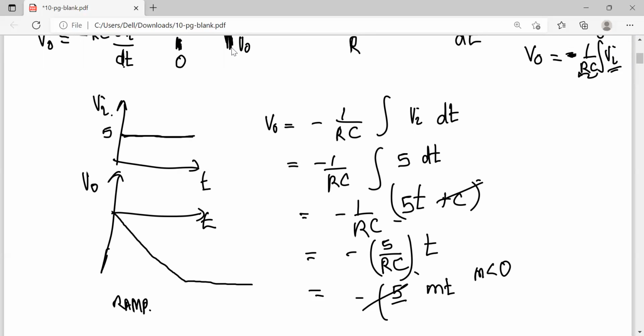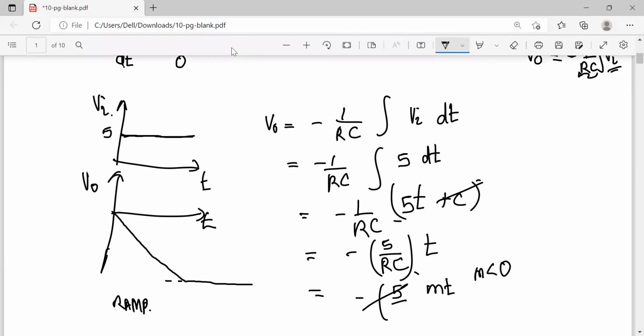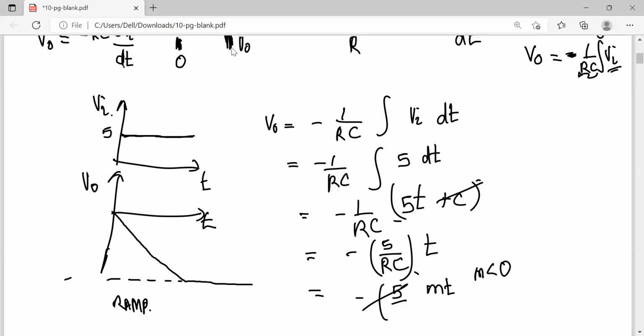The reason is, we have already learned that theoretically the voltage gain AVD might be infinite, but the output is limited by the supply power. Let's say we are providing a minus Vcc as a supply in the negative direction.